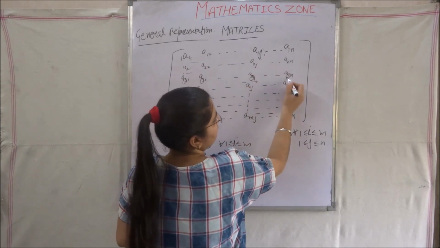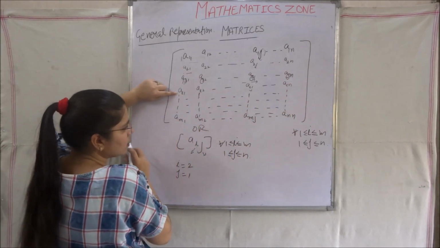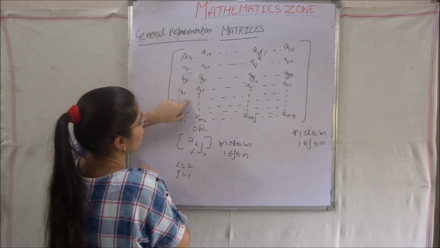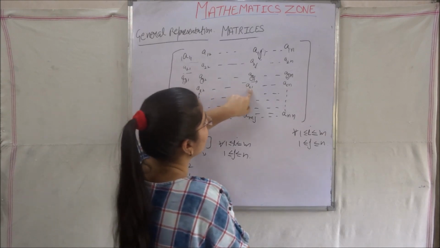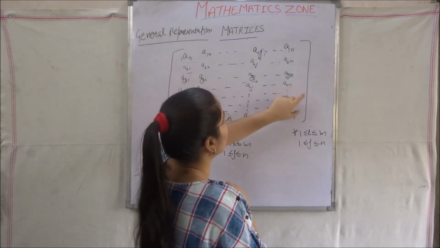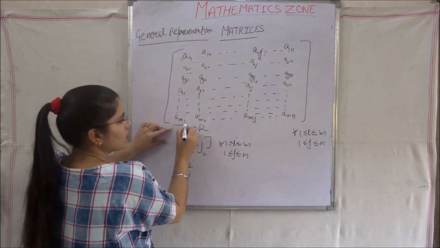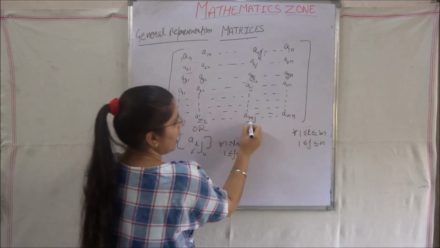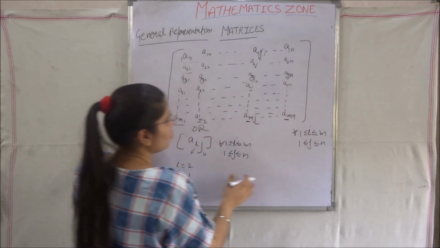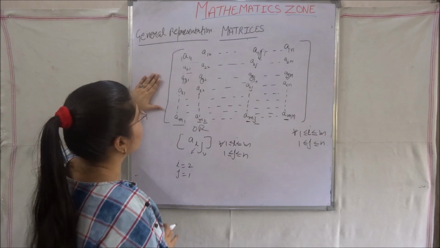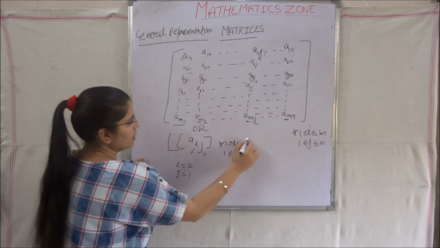In a similar way, A3n. Now this is our ith row, so Ai1, first column, Ai2, that means ith row and second column, ith row jth column, ith row nth column. In a similar manner, mth row and first column, mth row second column, mth row jth column, mth row and nth column. So in this way we can represent the general form of the matrix. It can also be represented in this form.